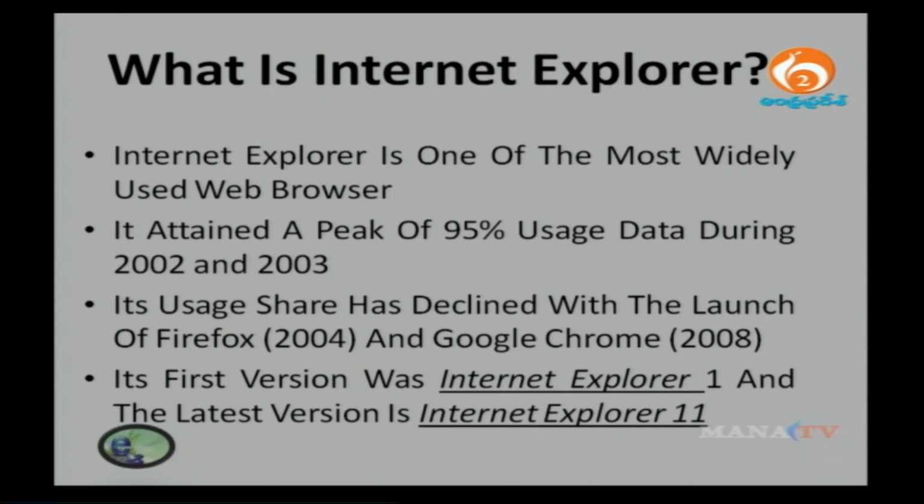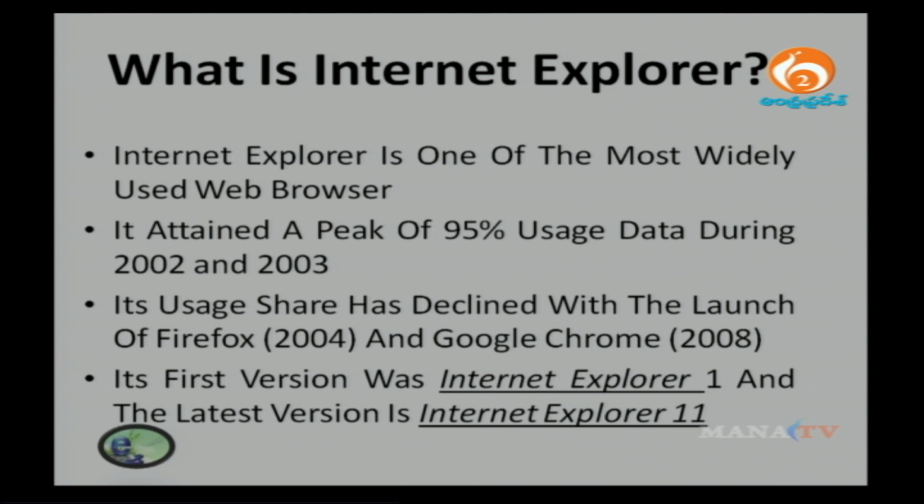What is Internet Explorer? What does it do? Internet Explorer is one of the most widely used web browsers. It attained a peak of 95% usage during 2002 and 2003. Its usage share has declined with the launch of Firefox in 2004 and Google Chrome in 2008.